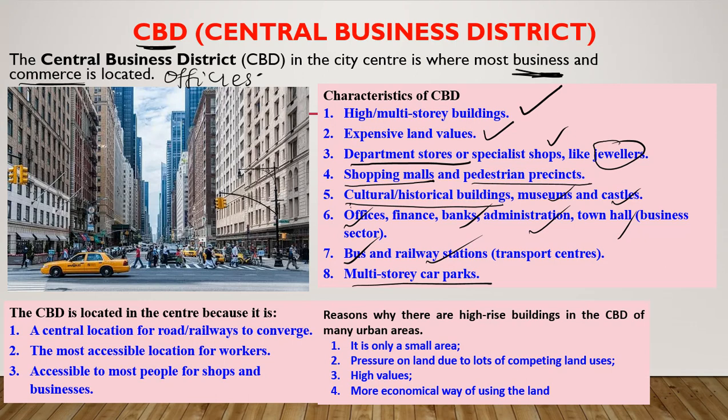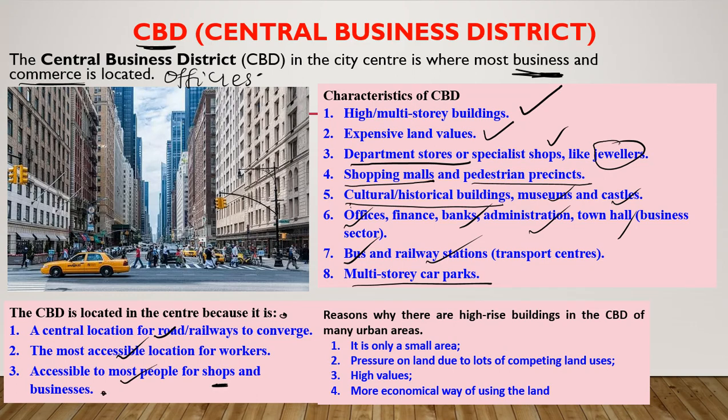However, the CBD is located in the center because it is a central location for roads. So all roads within the town converge at the CBD, and it is also the most accessible location for workers, and accessible to most people for shops and businesses.